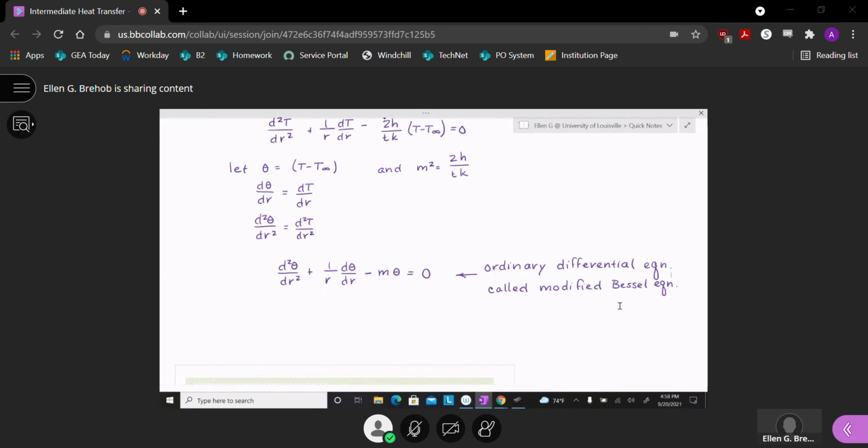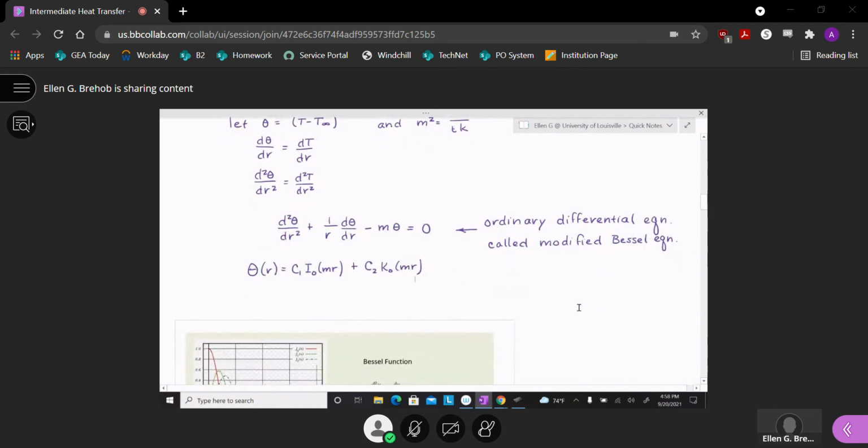And the solution to the modified Bessel equation looks like this, and this I0 and K0 are modified Bessel functions.